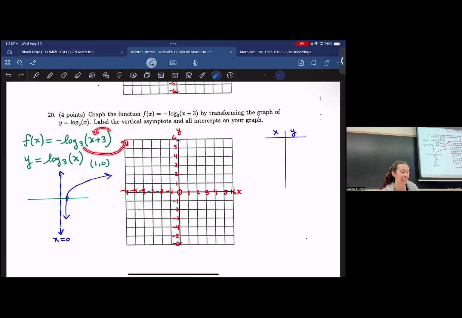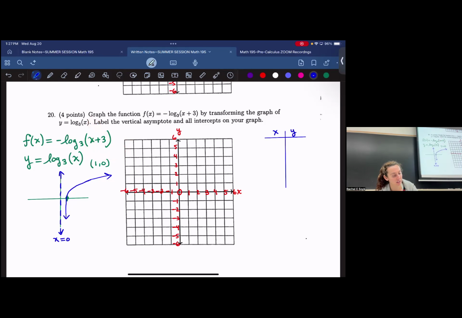1, 0. Yeah. So if our y is 0, how is that possible? What value of x makes this inside parentheses 1? Not -2, right? Because -2 plus 3 gives us 1, and then 3 to the 0 power gives us 1.